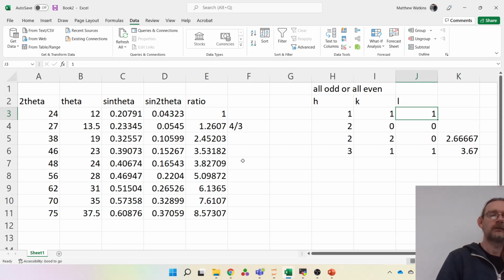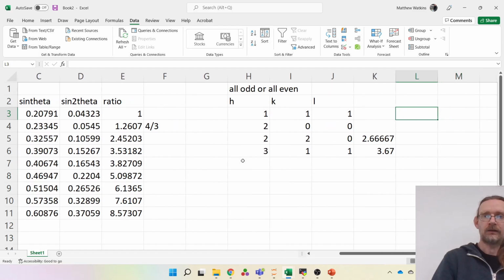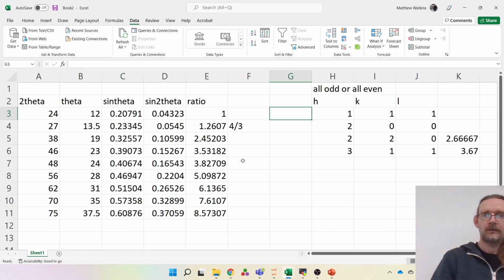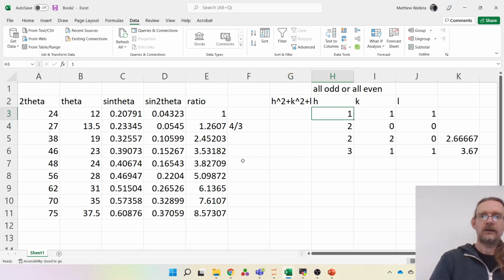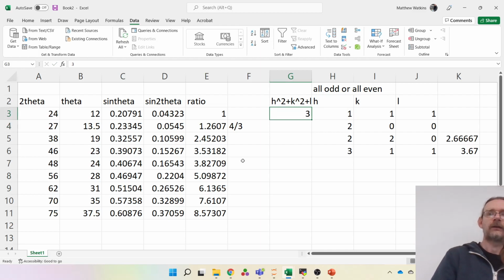So they're all odd. So h squared plus k squared plus l squared for this one is 3. So for the first reflection, h squared plus k squared plus l squared is 3.